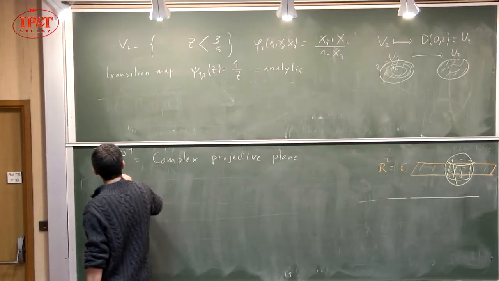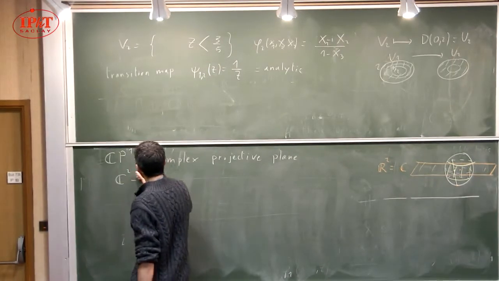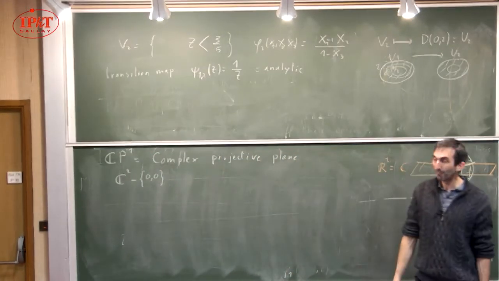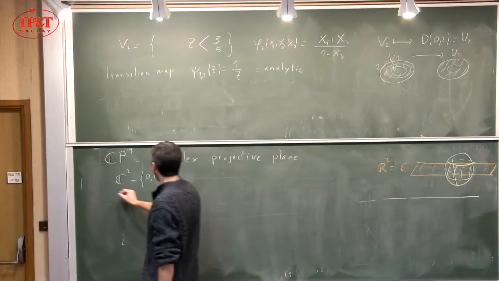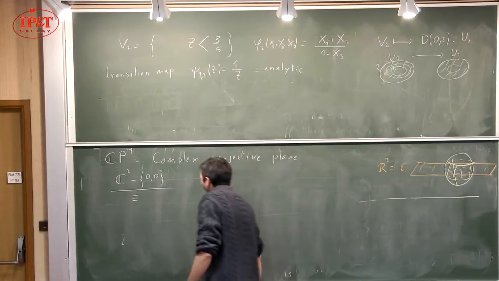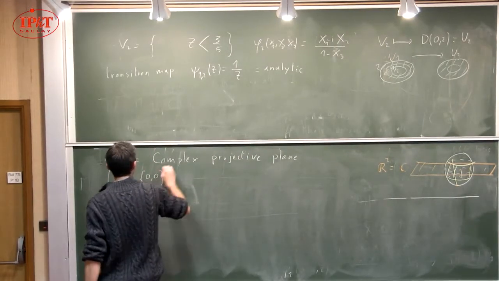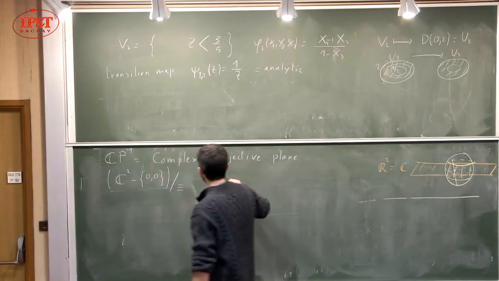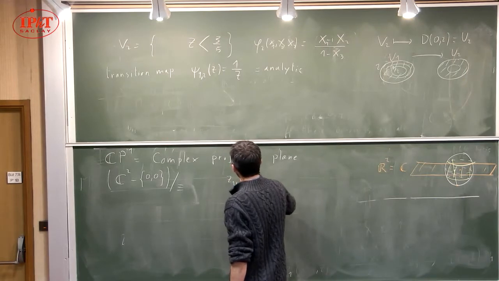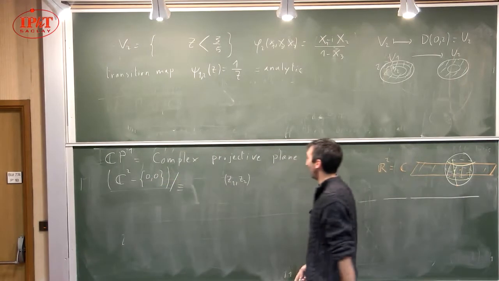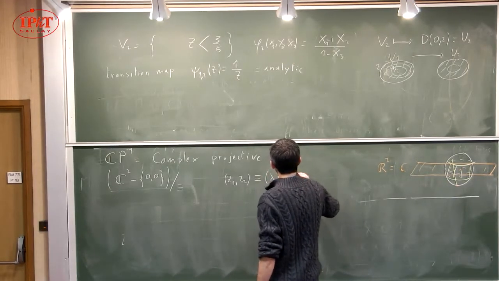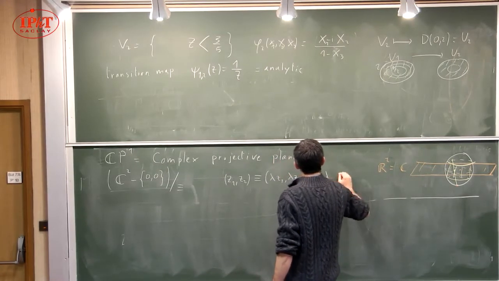You start from C square and you remove the point 0, 0 in C square, and you quotient by an equivalence relation. The equivalence relation is, you say that (Z1, Z2) of C square is equivalent to (lambda Z1, lambda Z2) for every lambda belonging to C star.